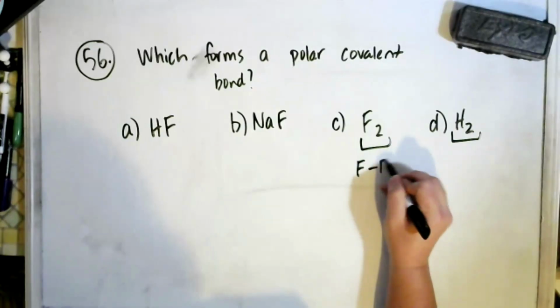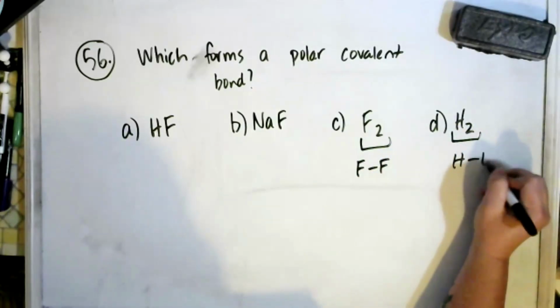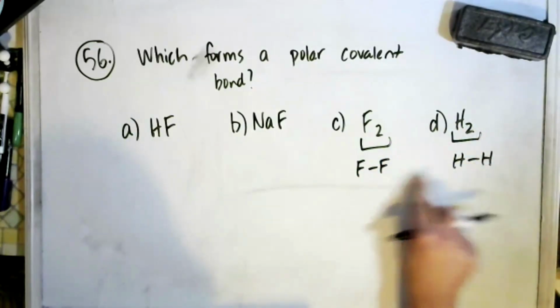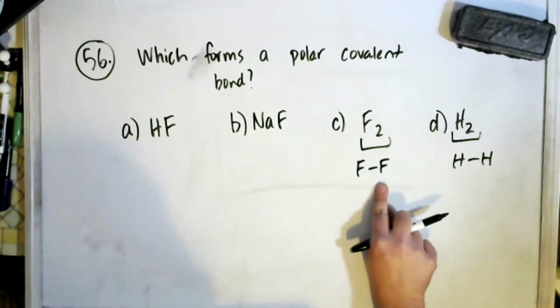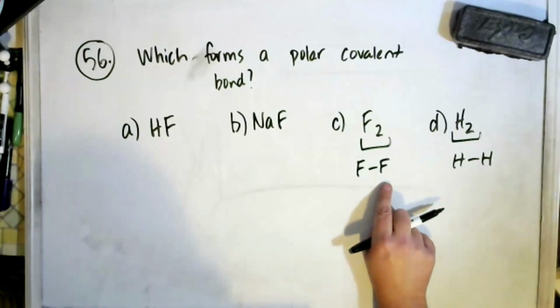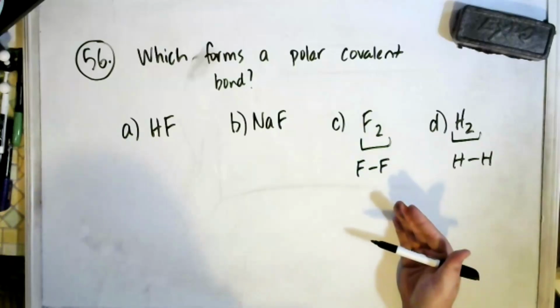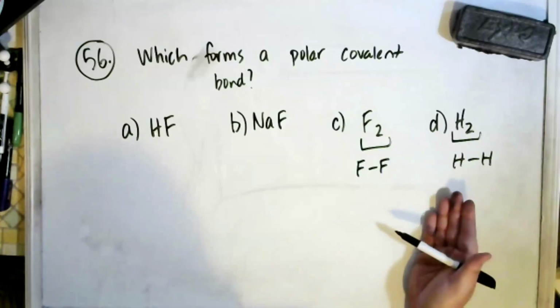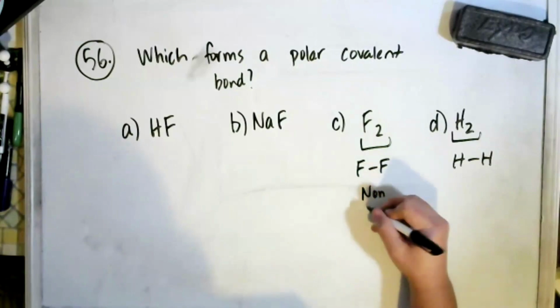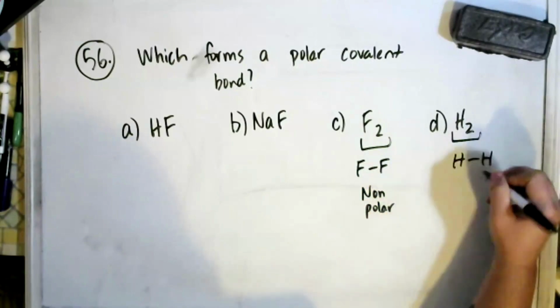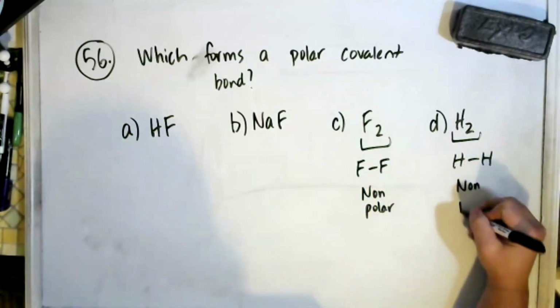In this case, we have F2 and H2. The electronegativity of both fluorines is exactly the same, so there's no electronegativity difference. If there's no electronegativity difference, then your compound is nonpolar. So F2 is nonpolar, and H2 is nonpolar.